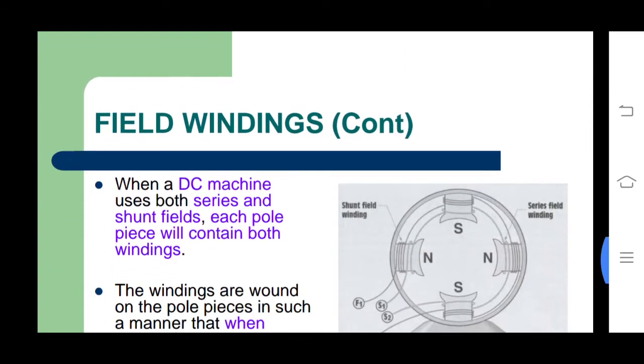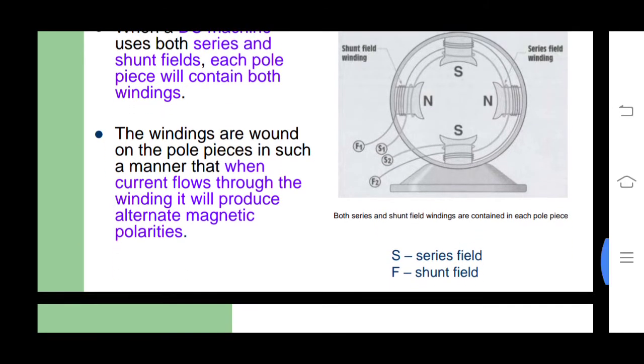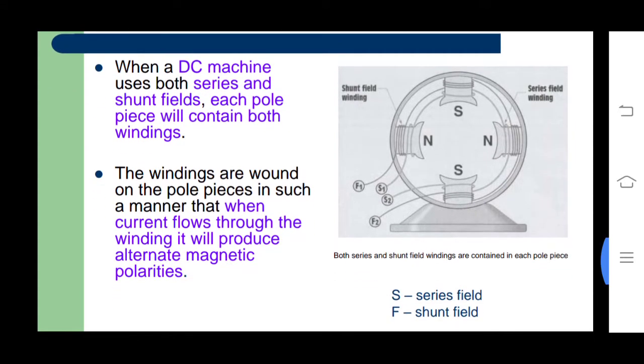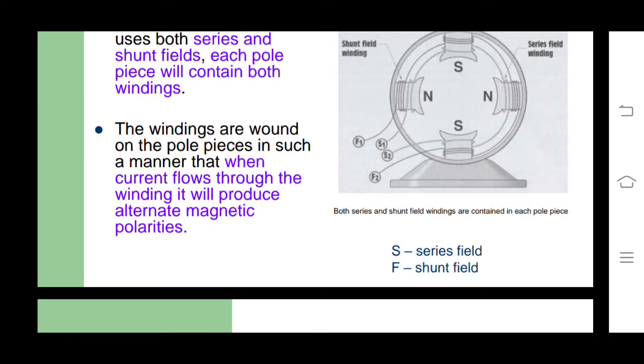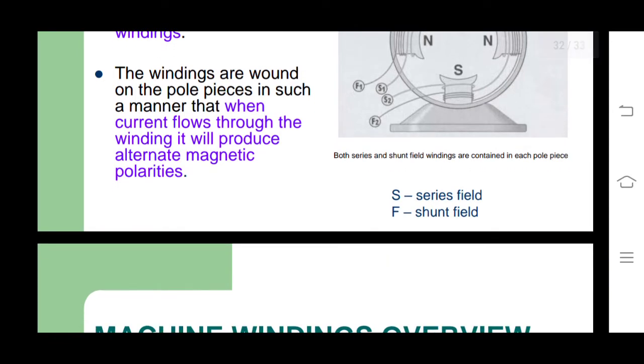Field windings. When a DC machine uses both series and shunt fields, each pole piece will contain both windings. The windings are wound on the pole piece in such a manner that when current flows through the windings, they produce alternating magnetic polarity.